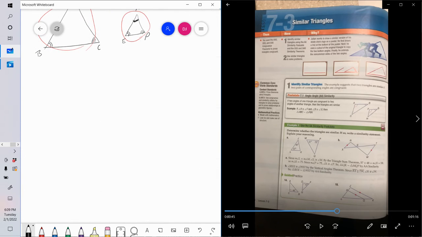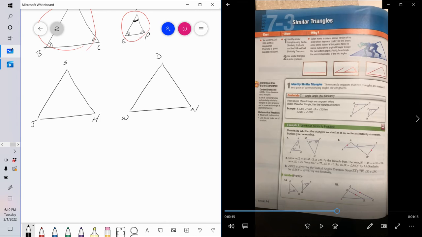Let's say that we have triangle SJH and triangle DWN.